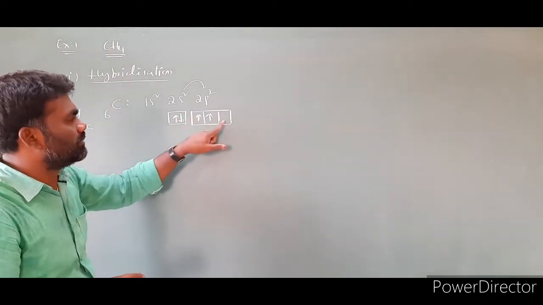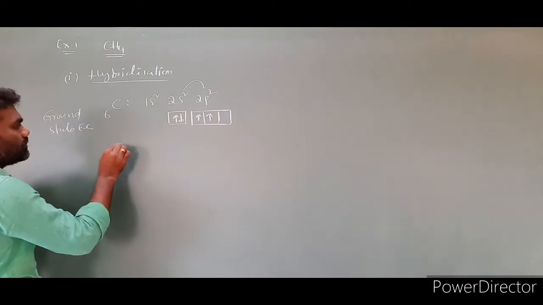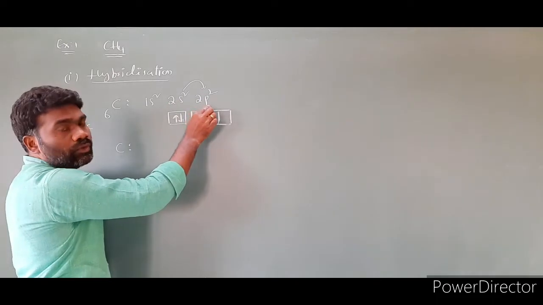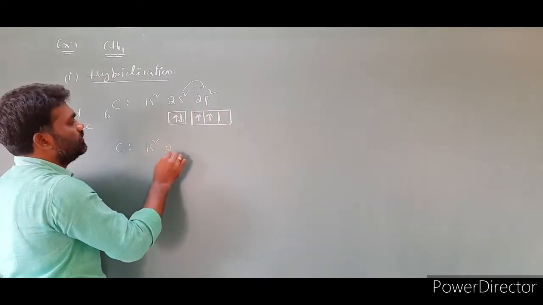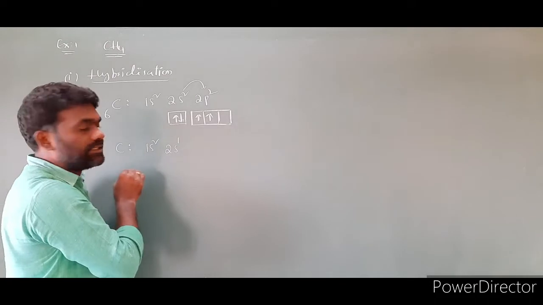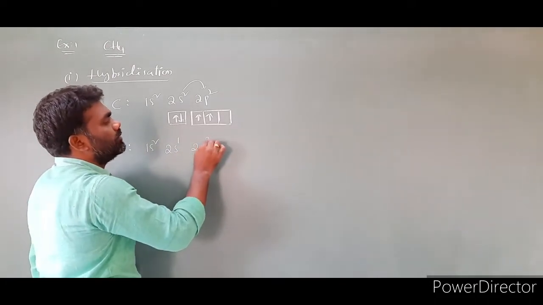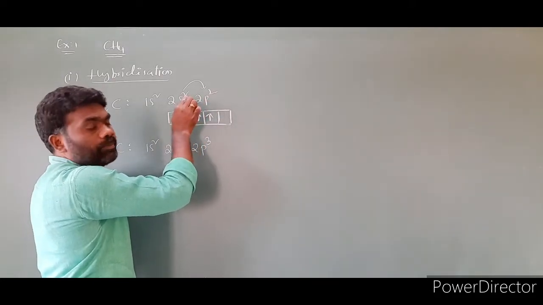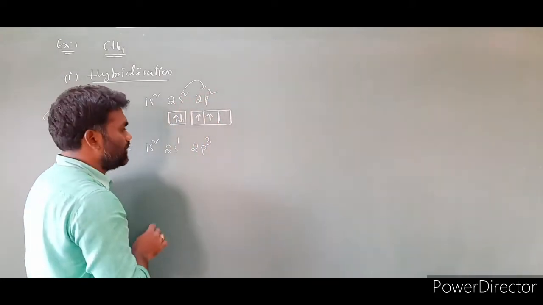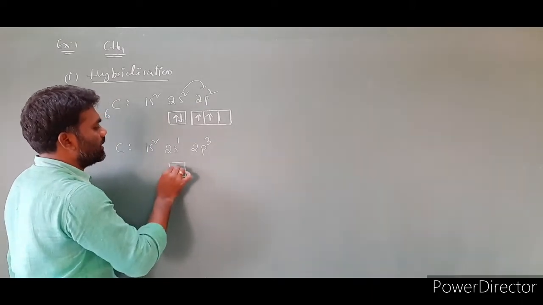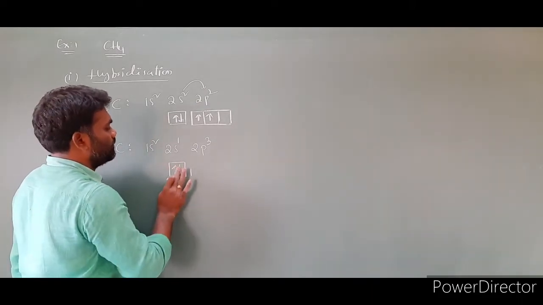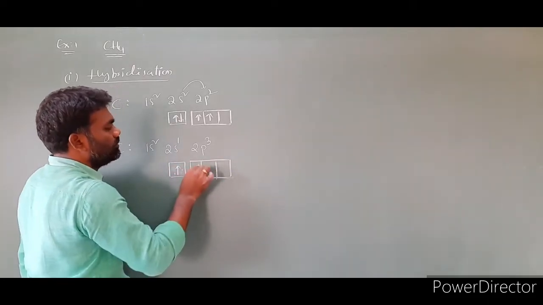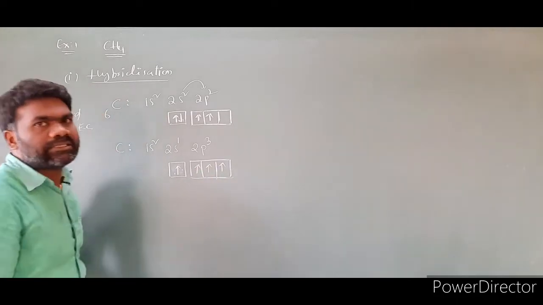Then the electronic configuration of carbon after jumping an electron from 2s2 to 2p is 1s2, 2s1, 2p3. Write the orbital diagram again.